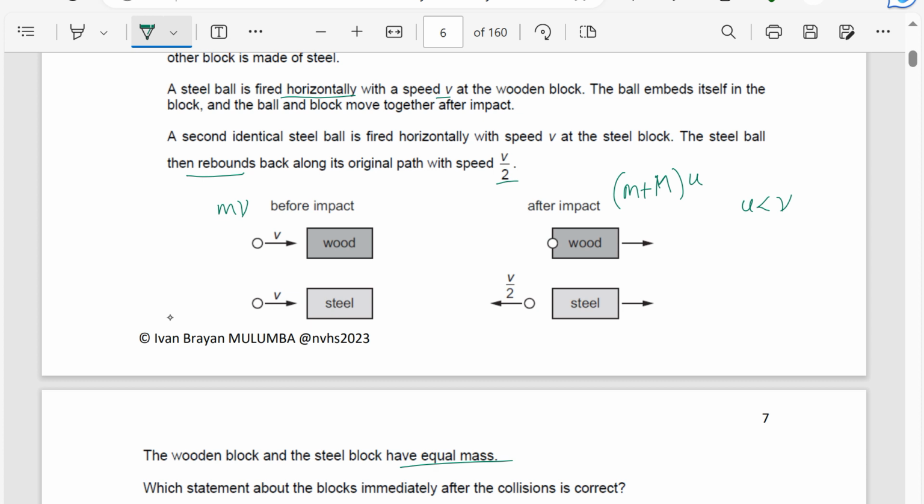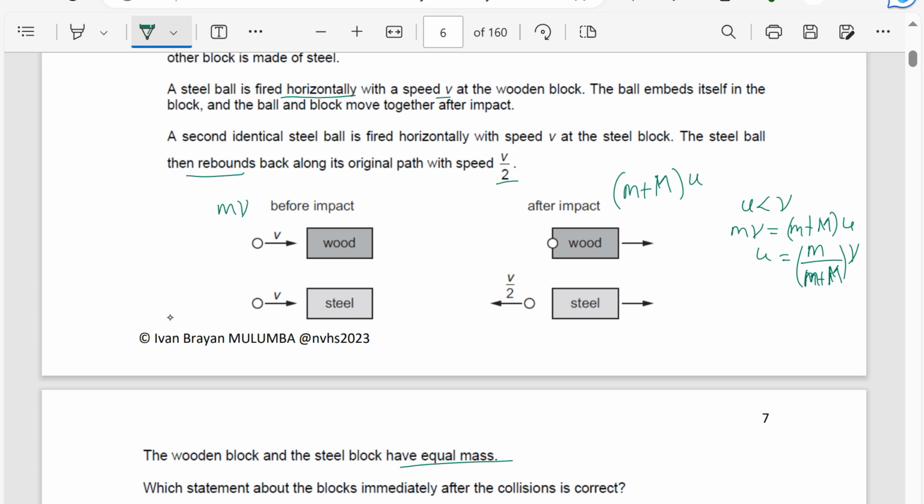So by conservation of momentum, mv is equal to m plus capital M times u, which means u is going to be small m over small m plus capital M, multiplied by v, for the wooden block alone.